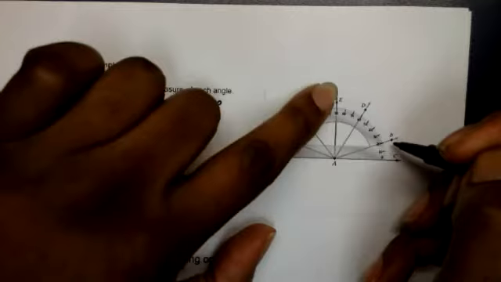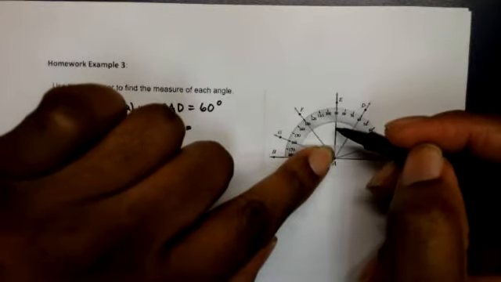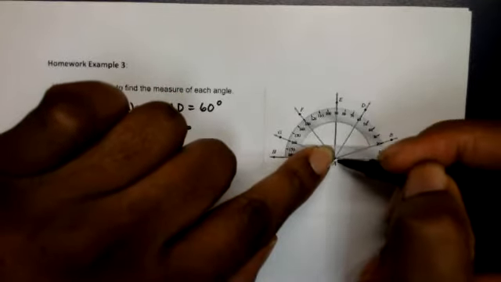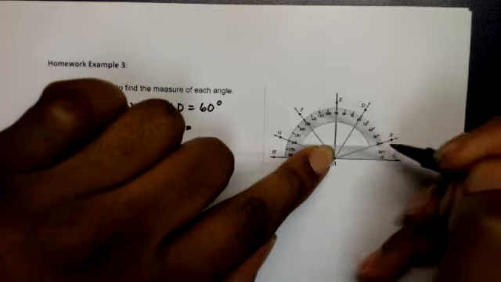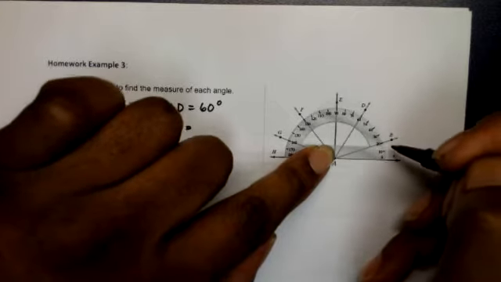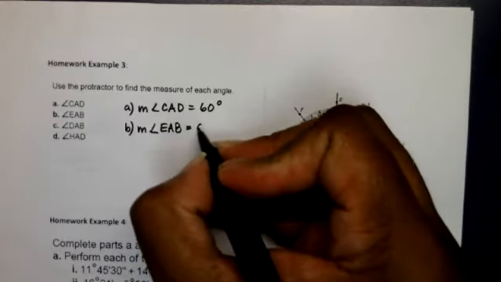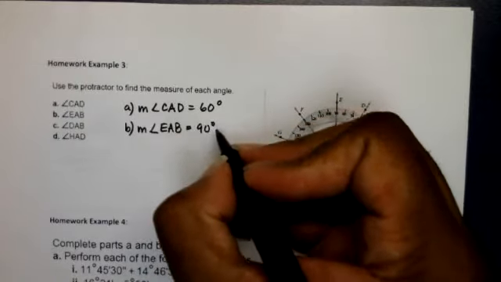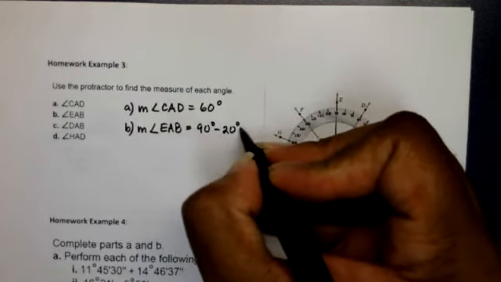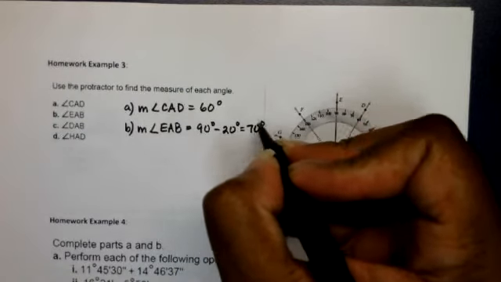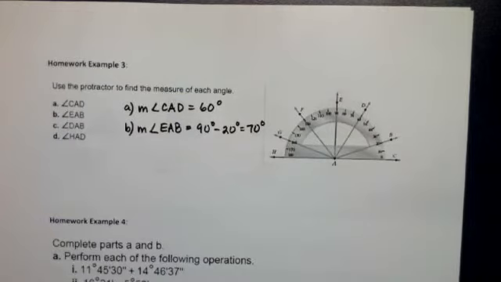At AE, that's this ray right here, is crossing at 90 degrees. And at AB, that ray is crossing the protractor at 20 degrees. Okay. So if I do 90 degrees minus 20 degrees, that's going to give me 70 degrees. So in this case here, the measure of angle EAB is going to be 70 degrees.